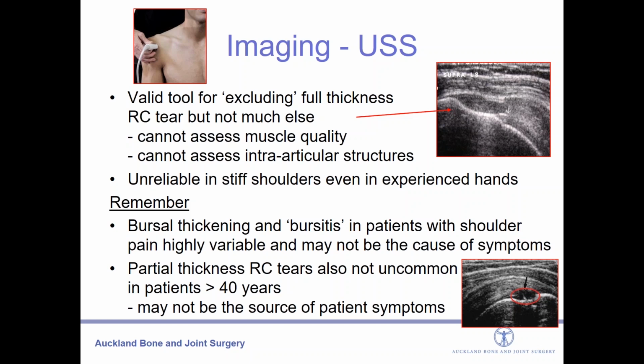So almost always you'll get a report suggesting there's bursal thickening, bursal fluid, and obviously if you've got a patient with shoulder pain, many people just hone in on that thinking, oh, this patient's got bursitis. But we know that if you take 100 random people off the street and do ultrasounds, over 50% of them will have exactly the same findings. So anything you see that's positive on imaging, don't just assume that that's the cause of the patient's symptoms.